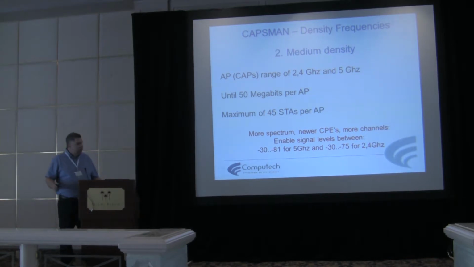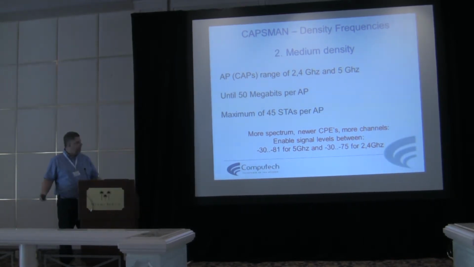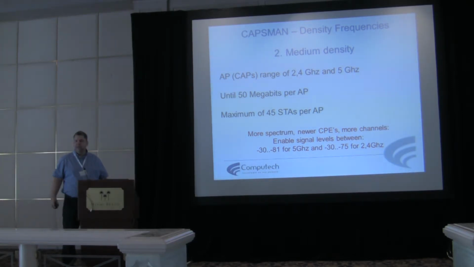The benefits are more spectrum, newer CPEs. As I told you, they have the capacity to connect in 5 gigahertz networks, more channels. In 5 gigahertz, we have much more spectrum than in 2.4.